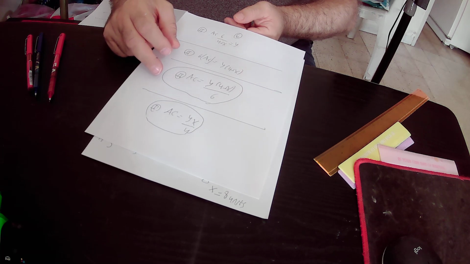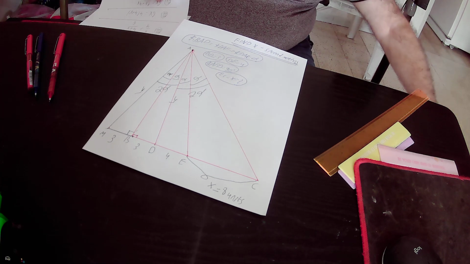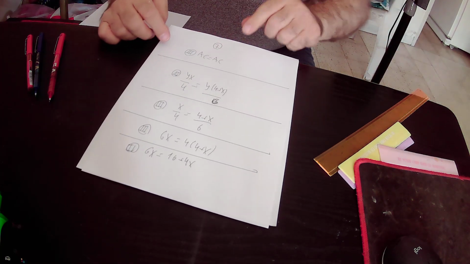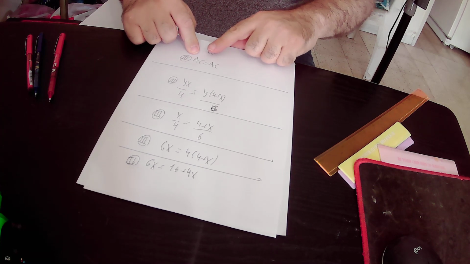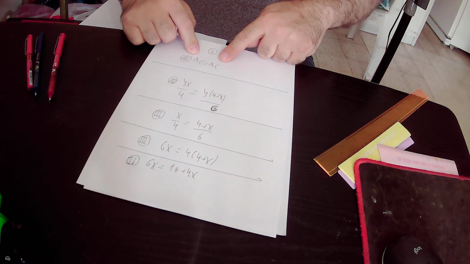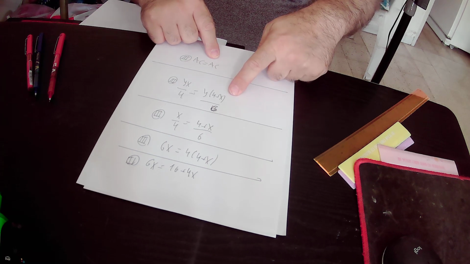So we have two expressions for AC, and we equate them. We substituted AC on one side by the value of AC from equation number 1, and on the other side by the value of AC from equation number 2.